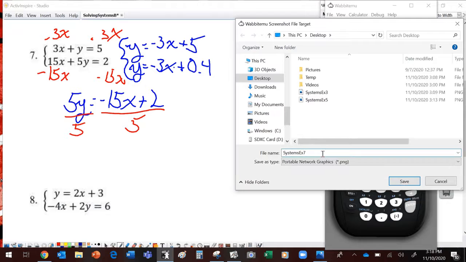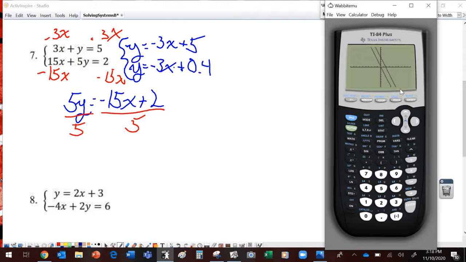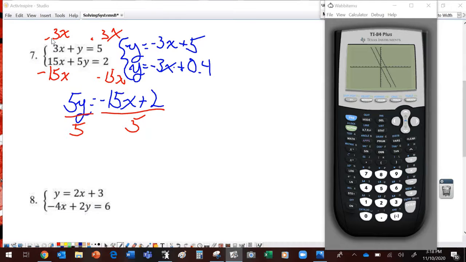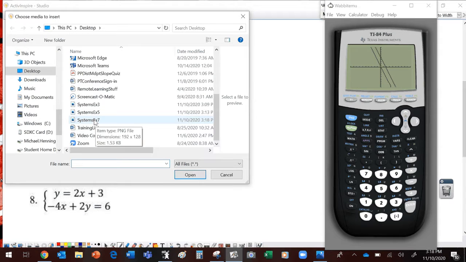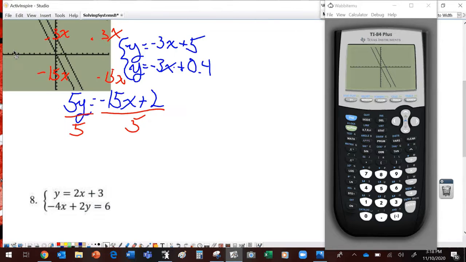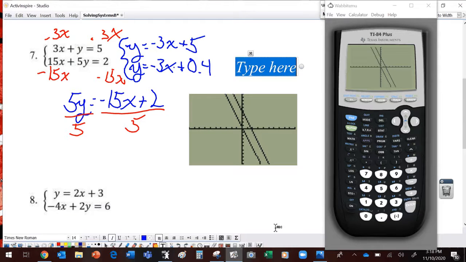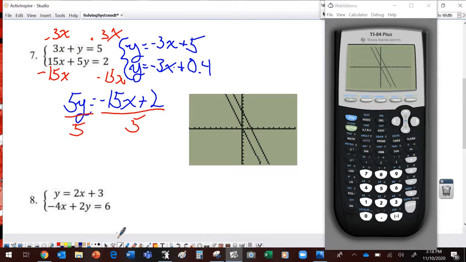Save. Insert. Media. And there we go. We can see that those lines do not intersect, therefore there is no solution. So we can write the words no solution, or we can use our old friend C, and say there's no solution to this system.